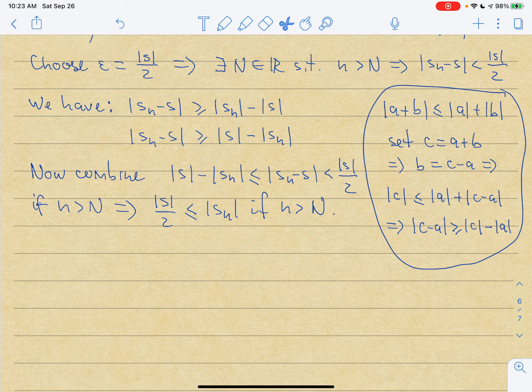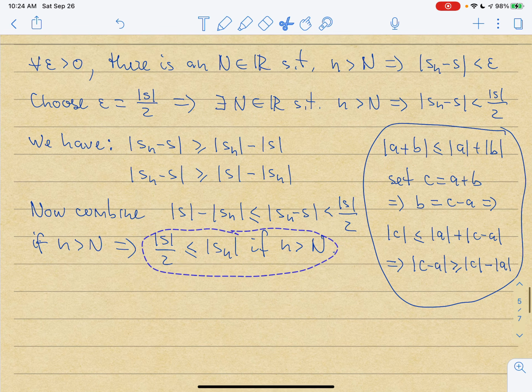Then the triangle inequality can be rewritten in this way. And if the triangle inequality can be rewritten in this way, then I have two possible inequalities that result from it. I'm using the second one, combining it with the inequality that I got from the definition of a limit to get this. And then simplifying that inequality, we have the following.